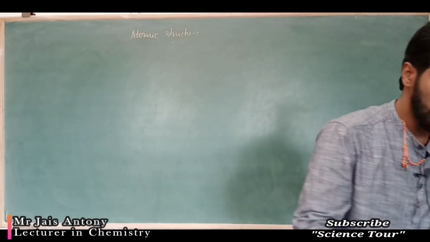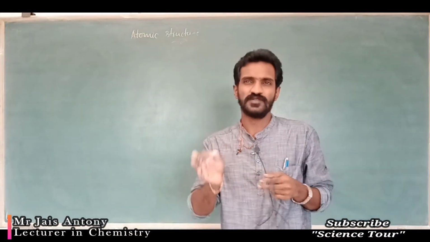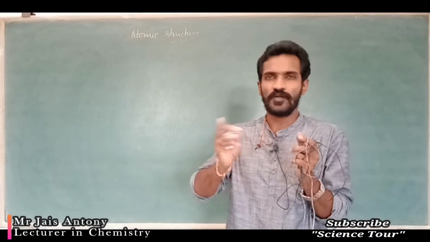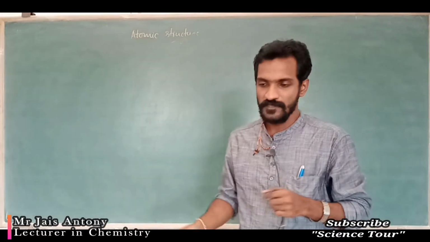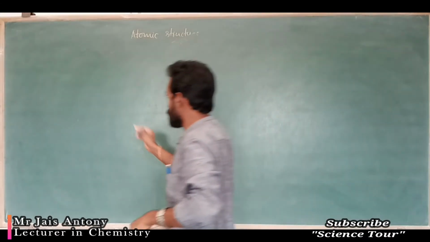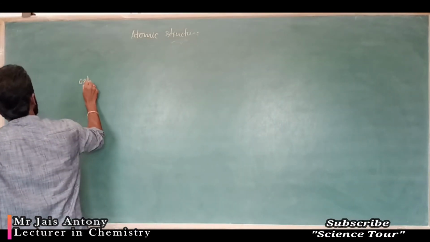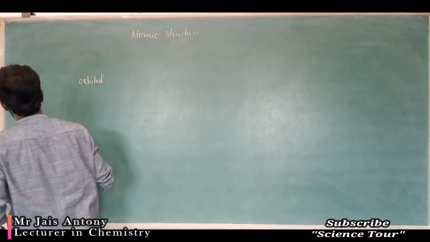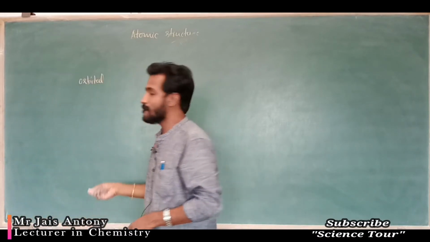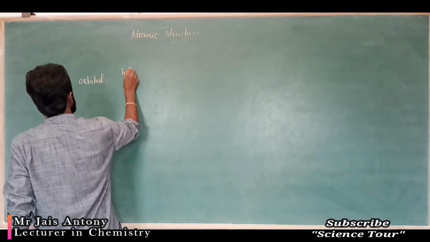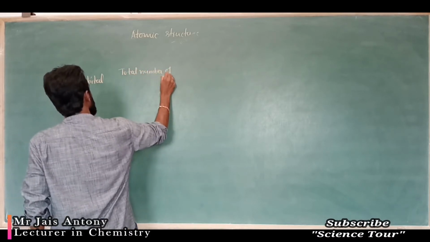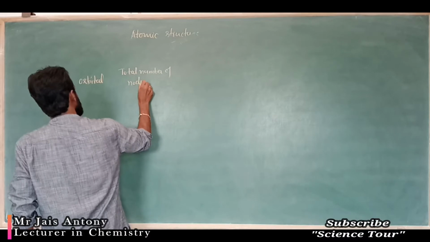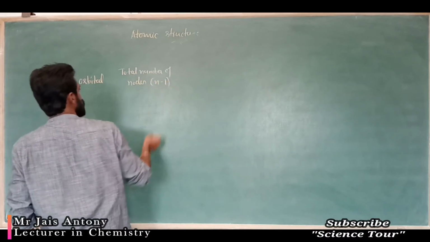So we are going to solve a few node problems: how many nodes are present in a particular orbital, we will work out. First, write the orbital. Next is total number of nodes, formula n minus 1.